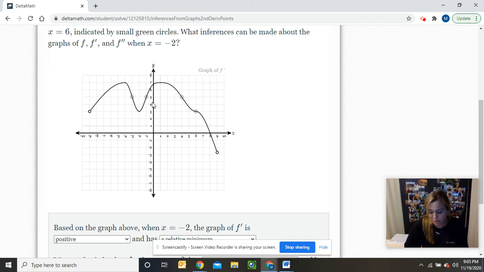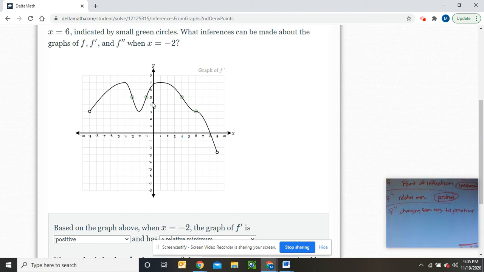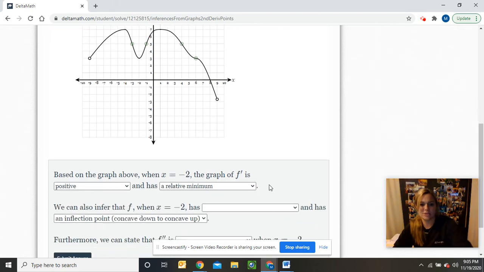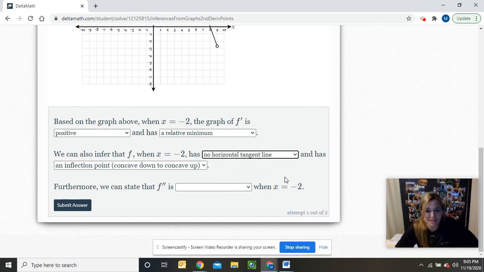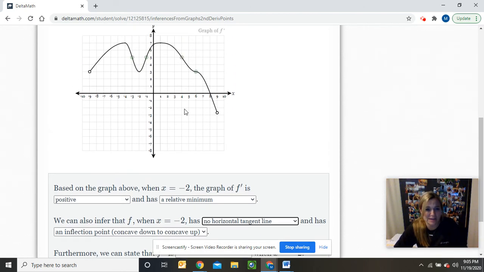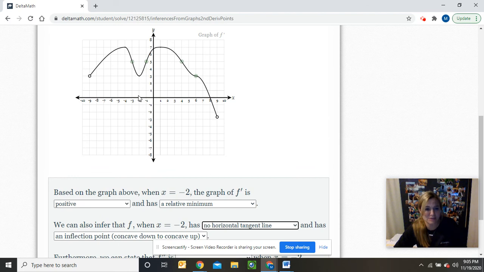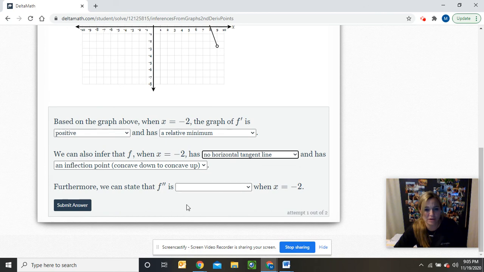That means f of x is increasing. And down here, I'm just going to say there's no horizontal tangent, because it's just going from positive to positive, and that's about it. Even right here, the slope at x equals -2, or f prime, is 3. So still positive, nothing crazy going on.